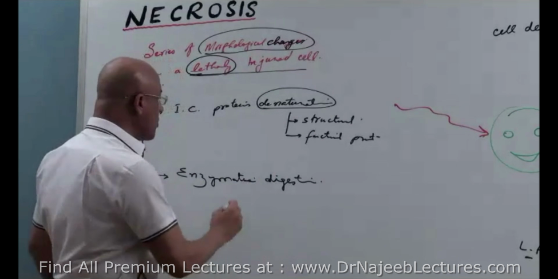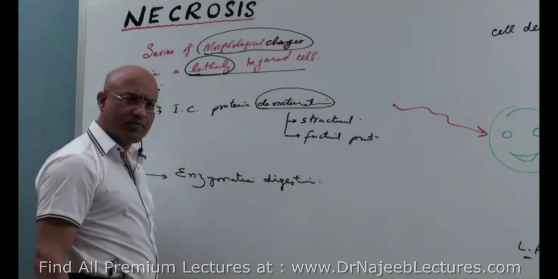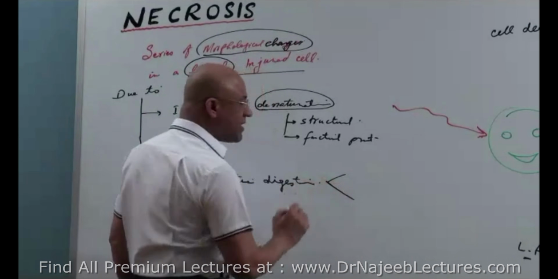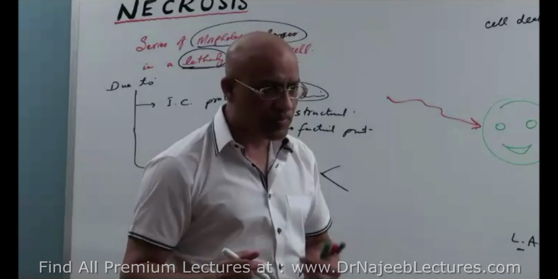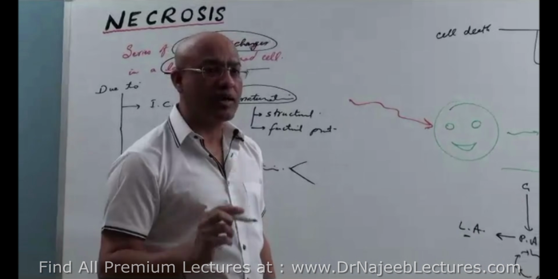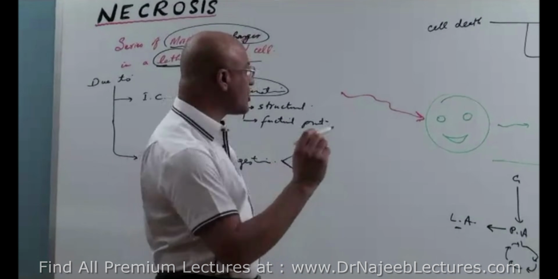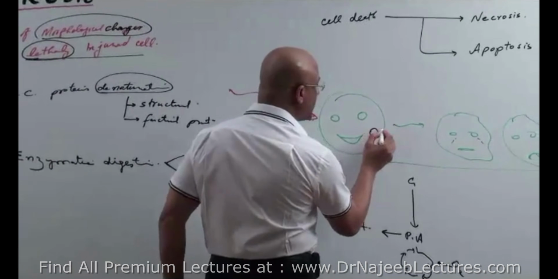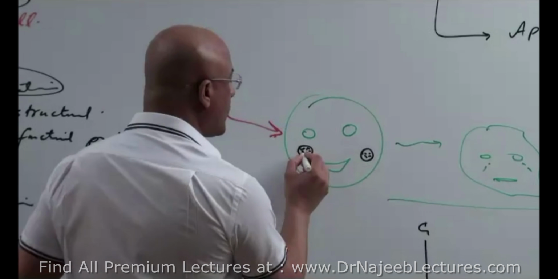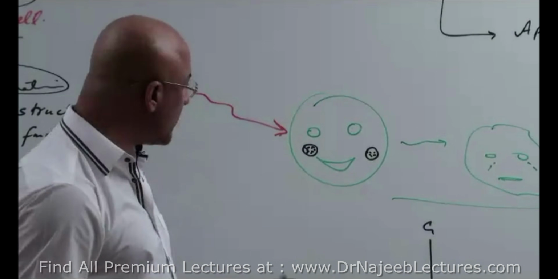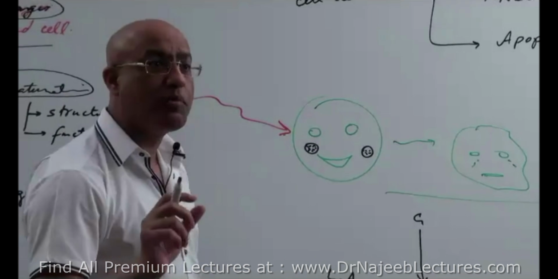Now, enzymatic digestion, why? The reason is that most of the cells have lysosomes and other destructive enzymes. Lysosomal enzymes are limited within the lysosomal membranes. But when the cell is injured, lysosomes may burst.